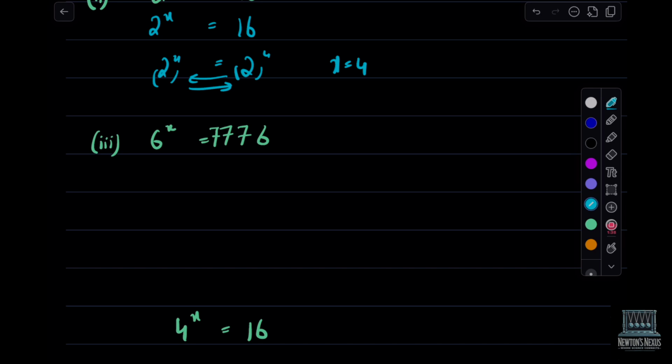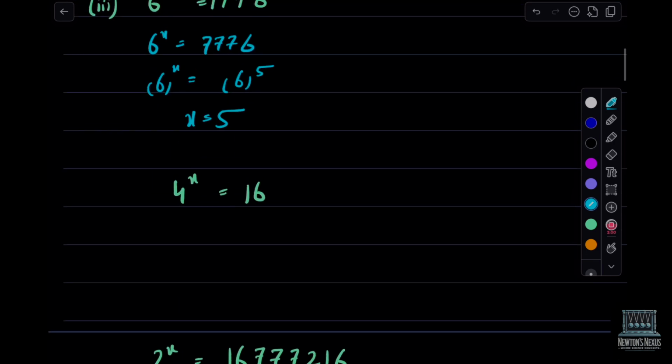So let's proceed with 6^x = 7776. Well, we can write 7776 as 6 to the power of 5. So x comes out to be 5. 4^x is equal to 16.